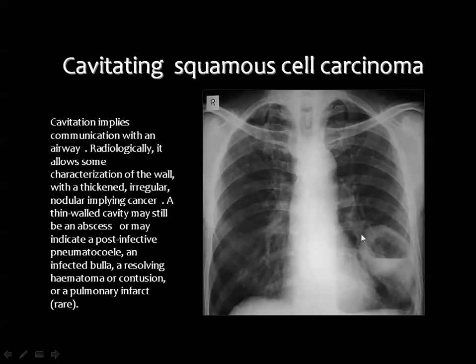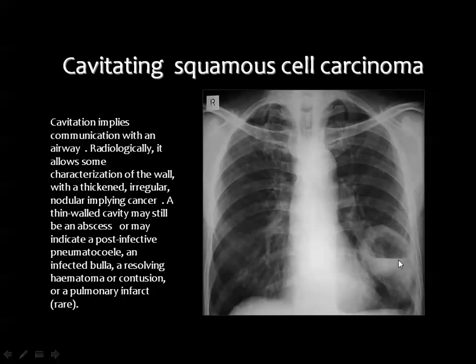Then if you see a lesion like this, a cavity with an air fluid level in the plain film, actually most of the cavities in the lung containing an air fluid level are secondary to abscesses, and abscess is far more common compared to a cavitating bronchogenic carcinoma with an air fluid level.